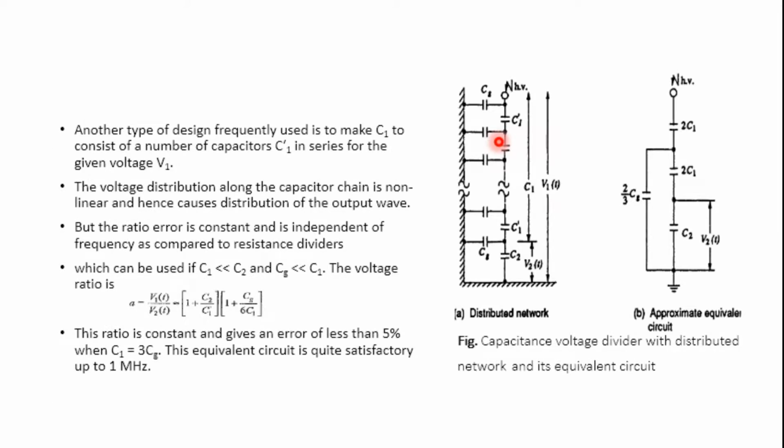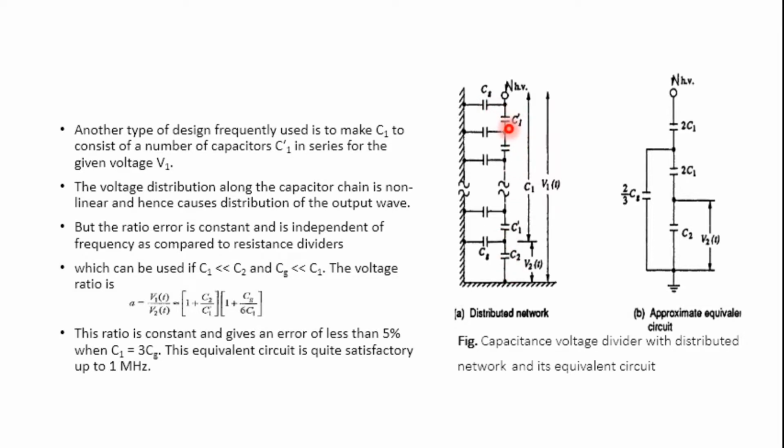This is another type of capacitance divider. Here C1 is no longer of small dimension, hence we are considering a number of stages. So we consider C1 equal to n times C1 dash, as you can see here.